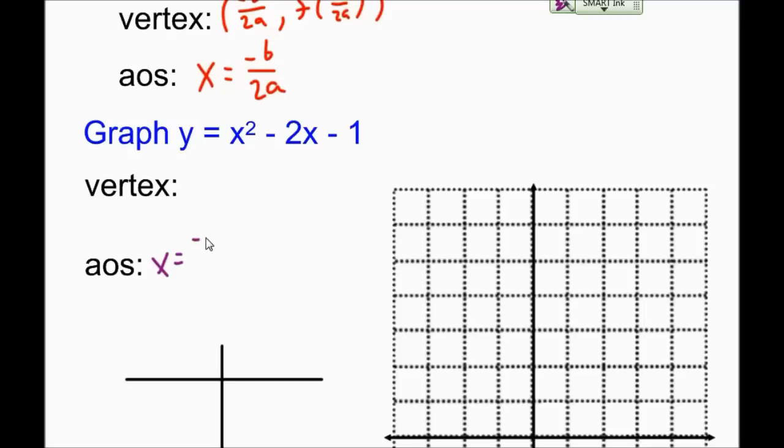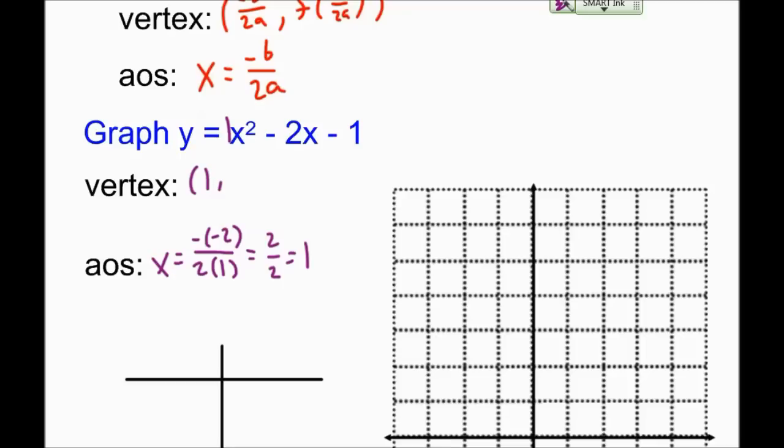So it's going to be negative negative 2 over 2 times my a value, which in this case is 1. So negative negative 2 is just 2. So that gives me 2 over 2, which gives me a value of 1. So that is the x-coordinate of my vertex: 1.